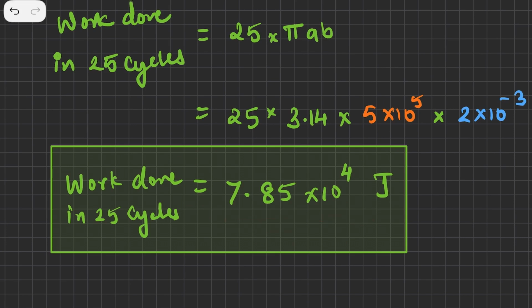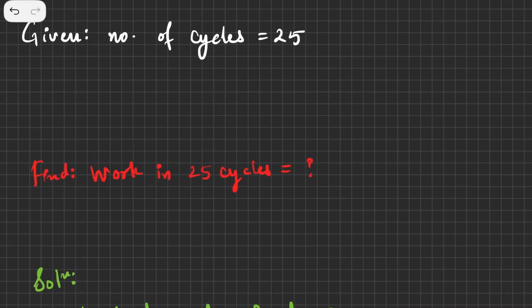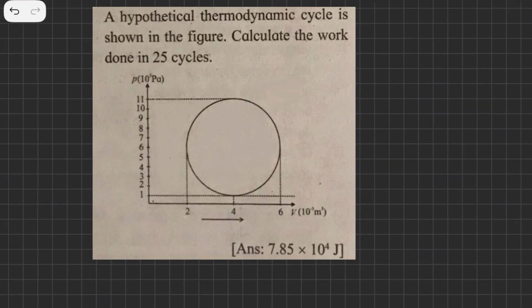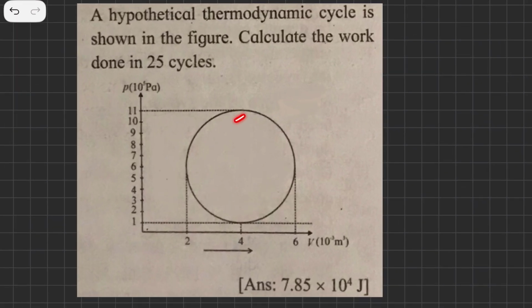Now there is one more point to be highlighted. When I am considering this thermodynamic process, I am considering that the process is going clockwise, because when the process goes clockwise, the work done is positive. When the process is going anti-clockwise, something like this, the work done comes out to be negative.